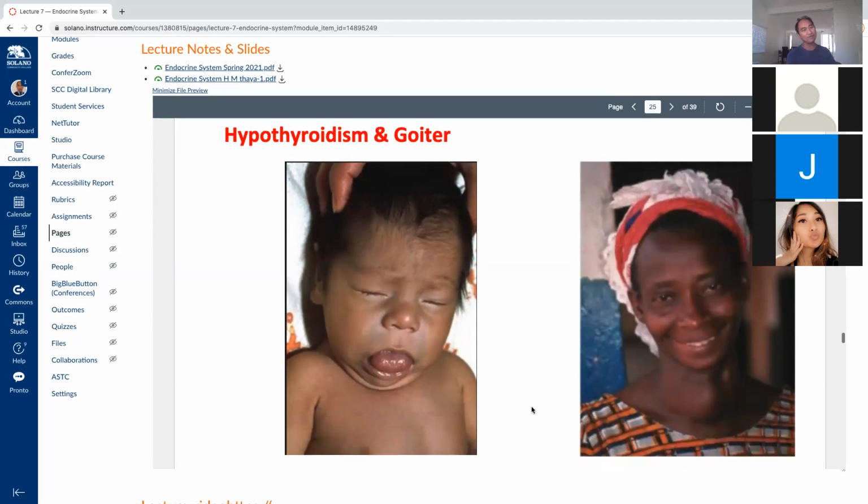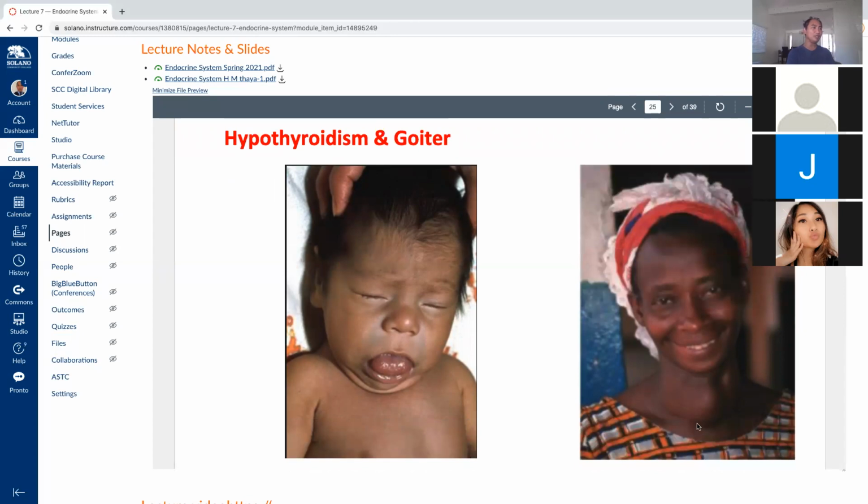And again, don't forget the difference between the goiter and hypothyroid or hyperthyroid. Goiter means an enlarged thyroid gland. That is goiter. It has nothing to do with the thyroid function. A goiter can have normal thyroid function, a goiter can have low thyroid function, and a goiter can have high thyroid function.